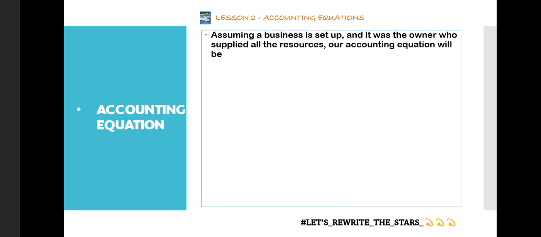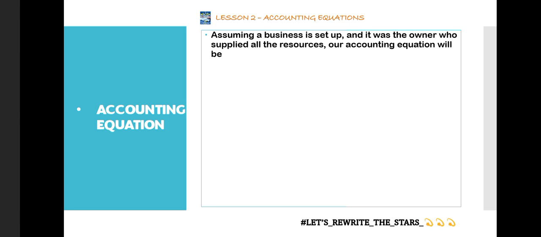The property is always introduced by the owner or any other person. So in this case, the owner is the only one who supplied all the resources. That is capital. But when it gets into the business and they start to use it for business use, it becomes a property of the business. I hope this is clear.